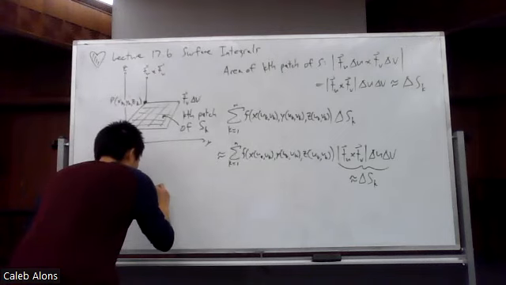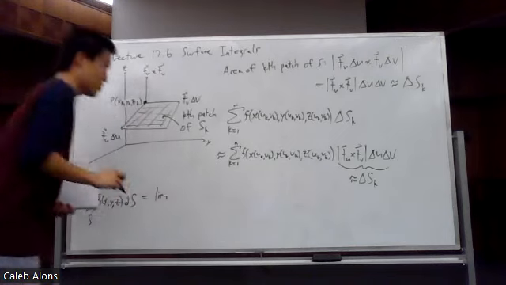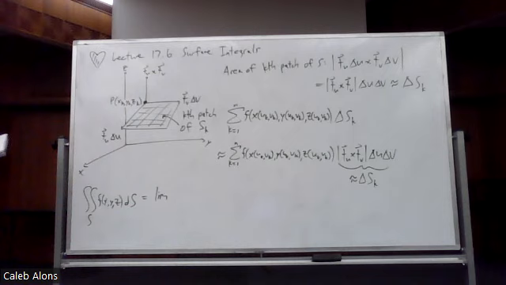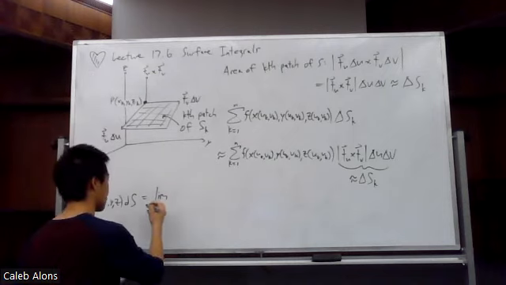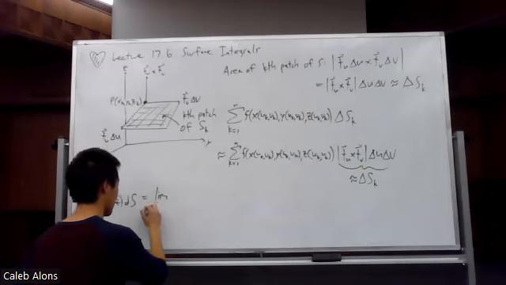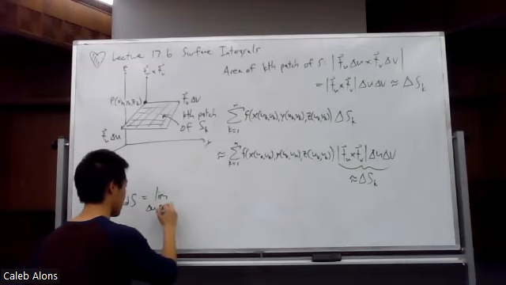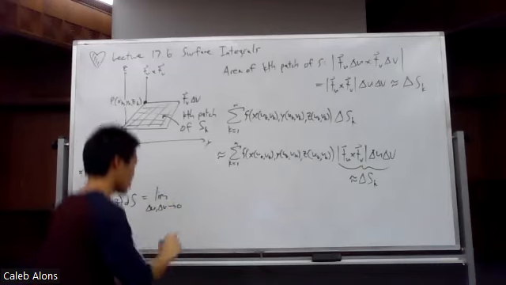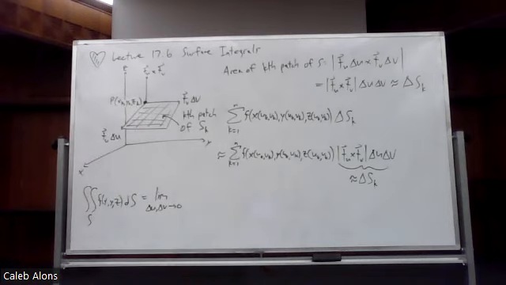This is going to be the limit. And what two guys do we want to go to 0? Delta U and delta V. Yes, those are the things that are the approximations. So as delta U and delta V approach 0, it becomes infinitely precise.